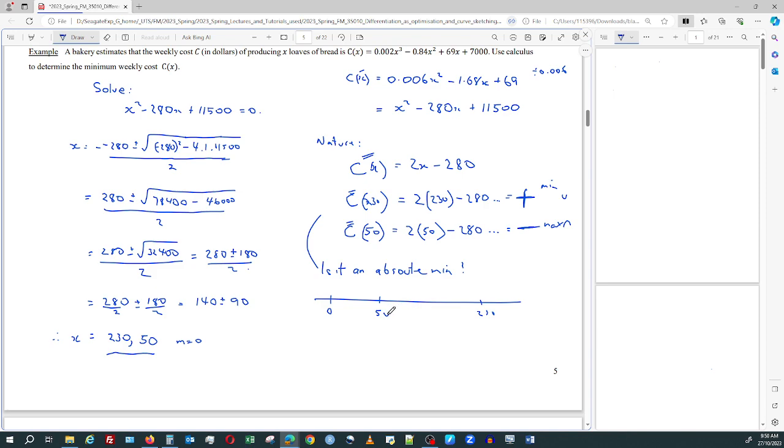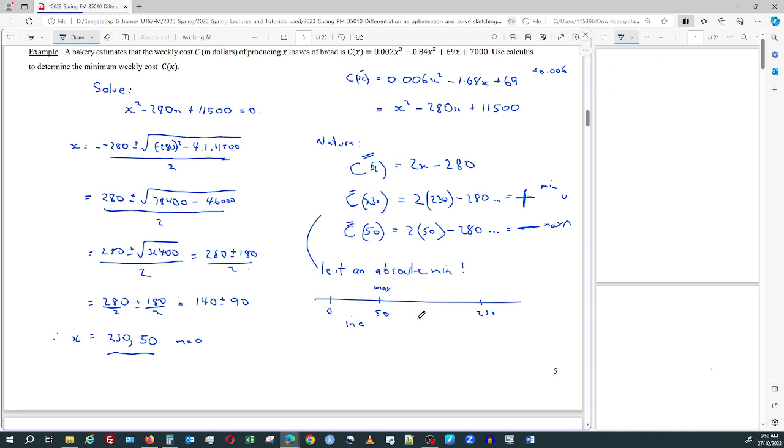Now, prior to 50, we said that 50 was a max, so it's increasing. So it's increasing up to the max. So it's increasing in this interval. Okay. And then we've got the max. Okay.